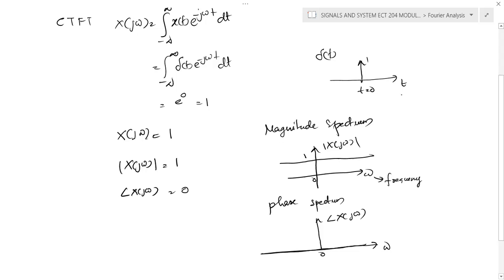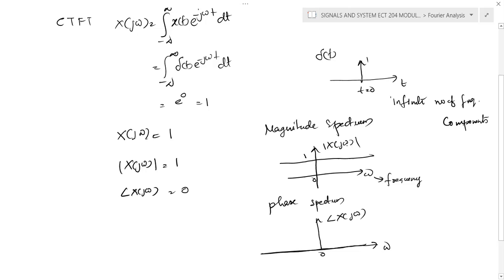It means this impulse signal contains an infinite number of frequency components, or it contains all the frequencies. For different values of omega, the magnitude is constant, which means it contains all frequencies in equal amount.